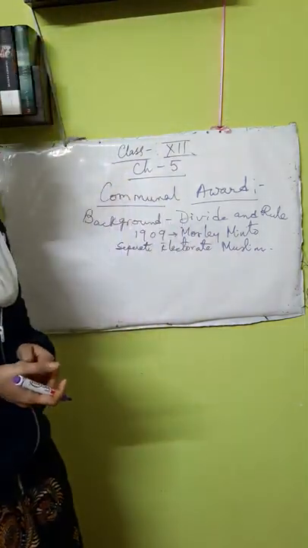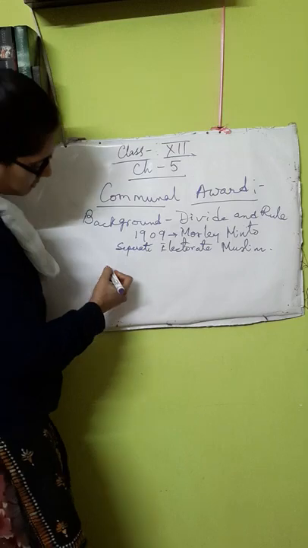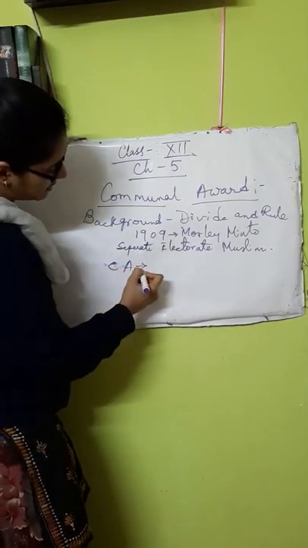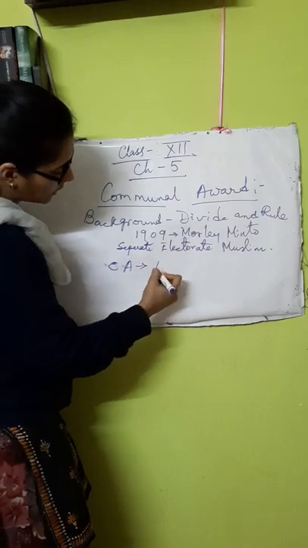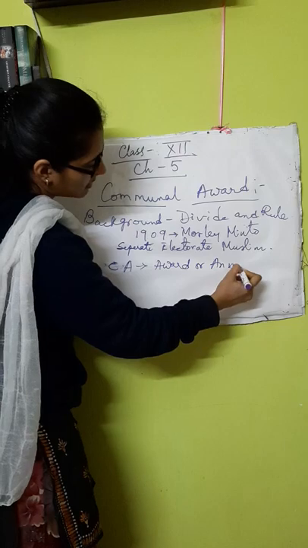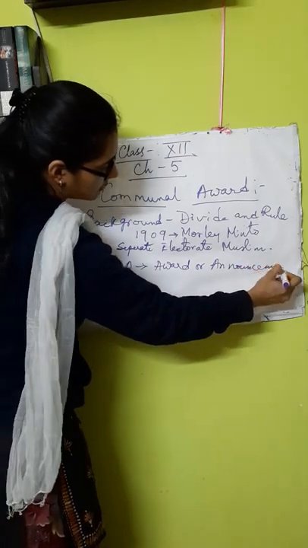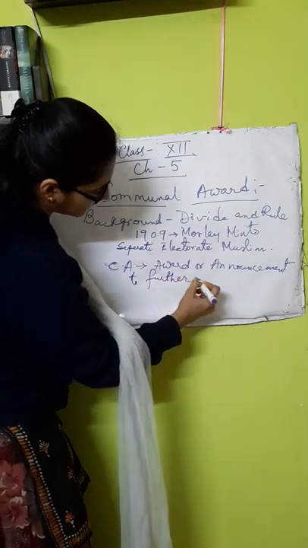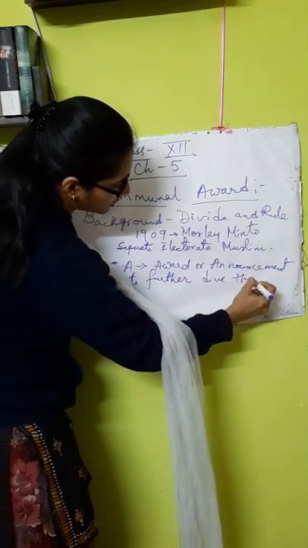So this was their next motive. The Communal Award was an award or announcement to further divide the Hindus.